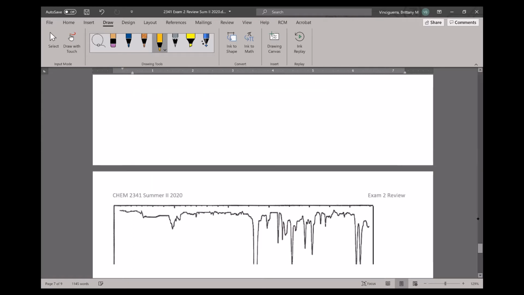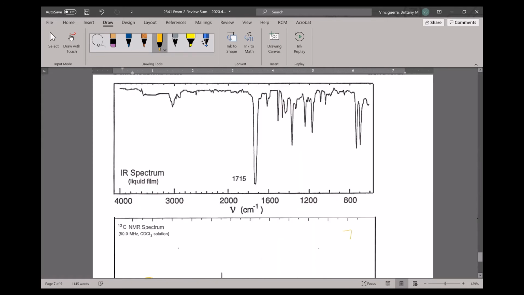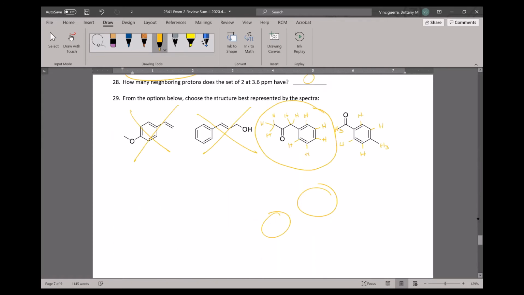And what we're given is a set of 2 and a set of 3. So that confirms to us, that indicates set of 2, set of 3. So that further confirms this structure.